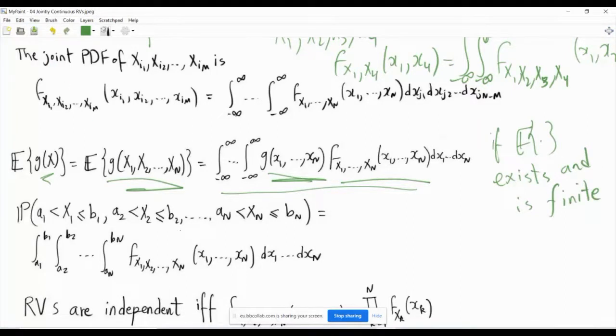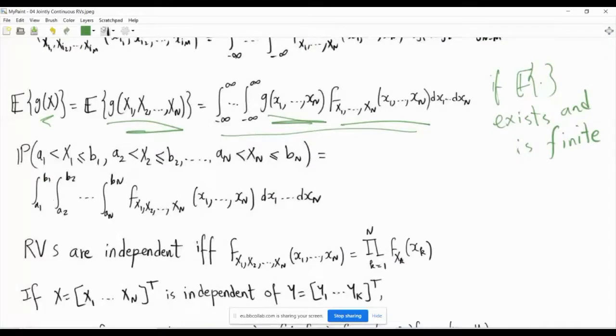And here is what I said about using the PDF to obtain the probability on intervals. You just integrate. You convert a PDF into probability by doing integrals. This is the easy situation, but when we solve problems, as we will see, typically we are interested in more complicated regions.